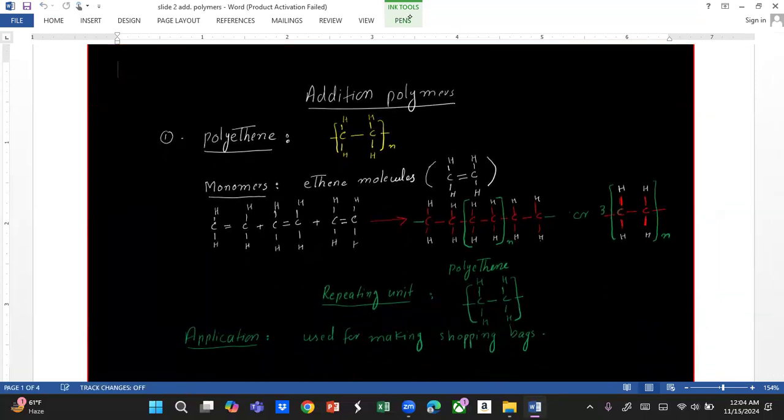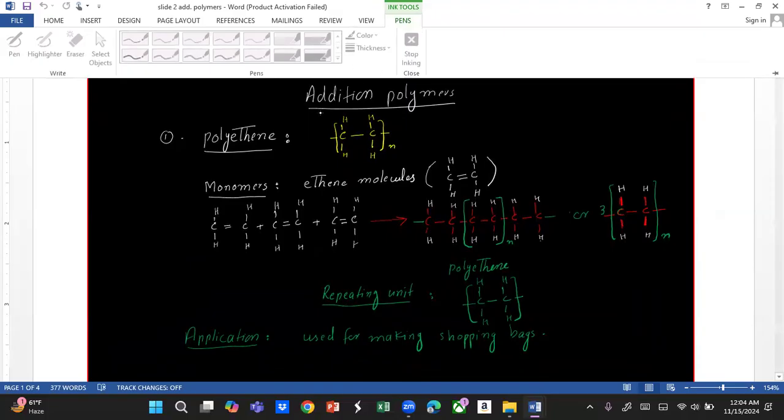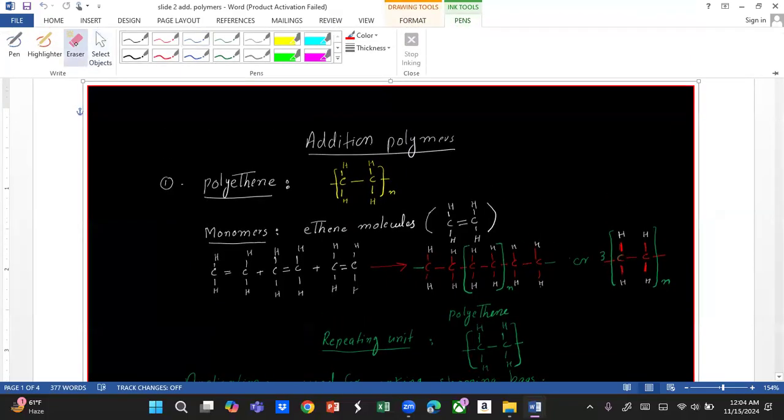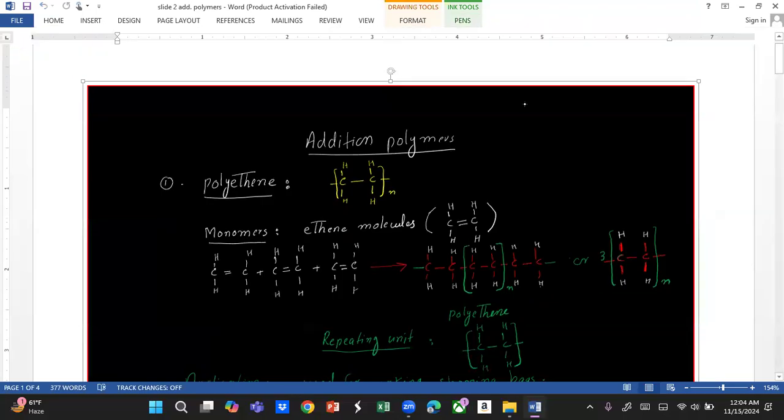Now we are going to start with addition polymer examples. The first example of addition polymers is polyethylene. How is polyethylene formed? First, we need to know what are the monomers or simple molecules from which this polyethylene has been formed.